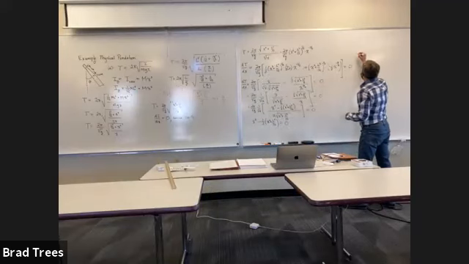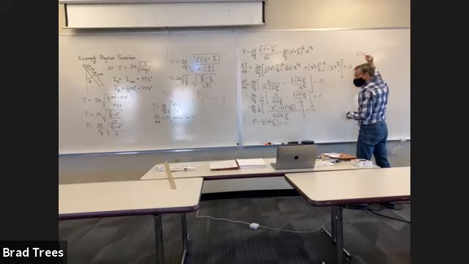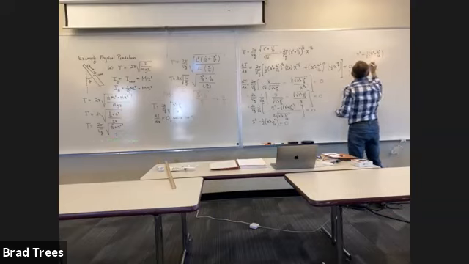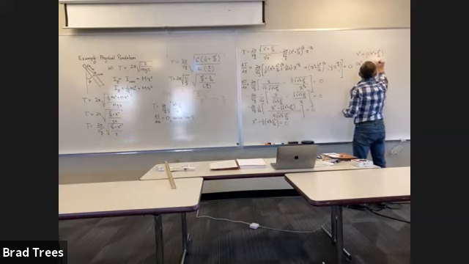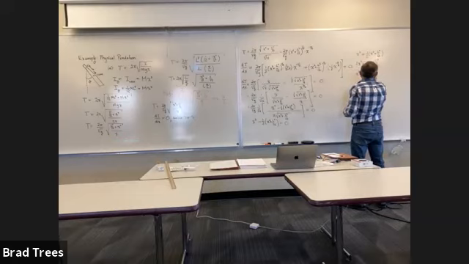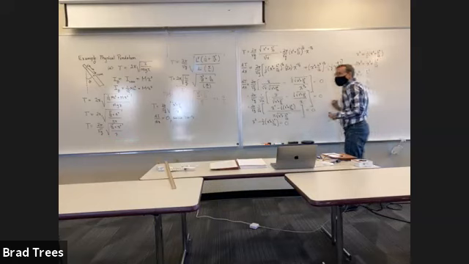Take that one term over, x squared equals 1/2 times x squared plus L squared over 12. Multiply both sides by 2. 2x squared equals x squared plus L squared over 12. Take that over. X squared equals L squared over 12. X equals L over the square root of 12.